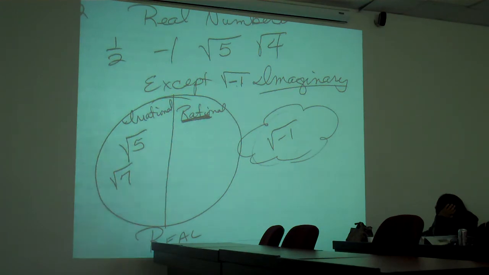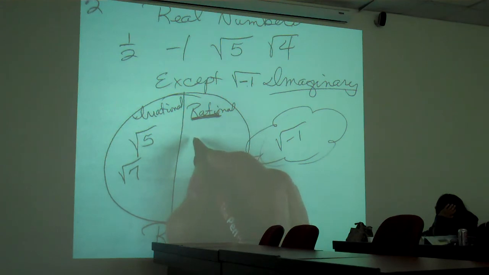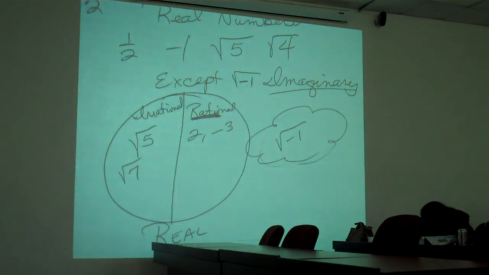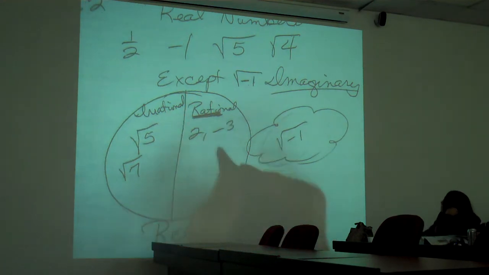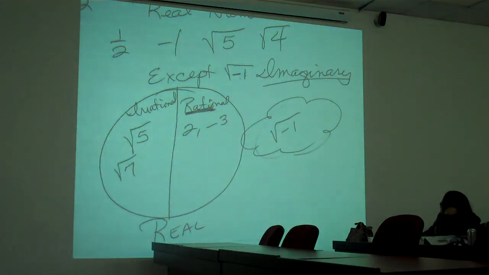Okay? So your rational numbers could be your whole numbers, like 2, even negative 3. That could be made into a fraction, right? You just put it over 1. Those are rational. You have fractions that are rational too.